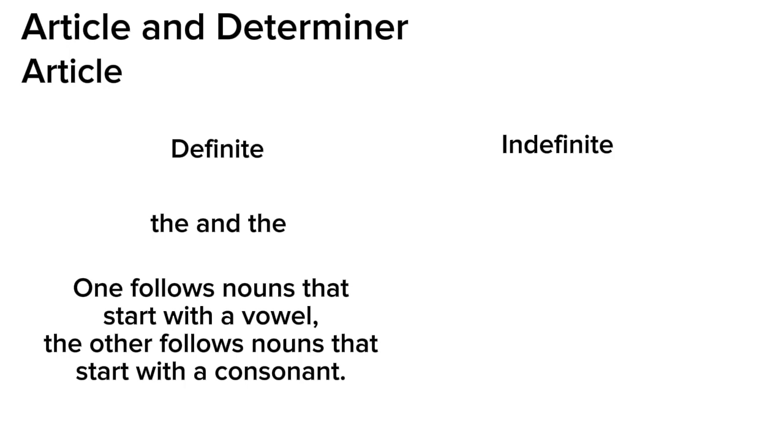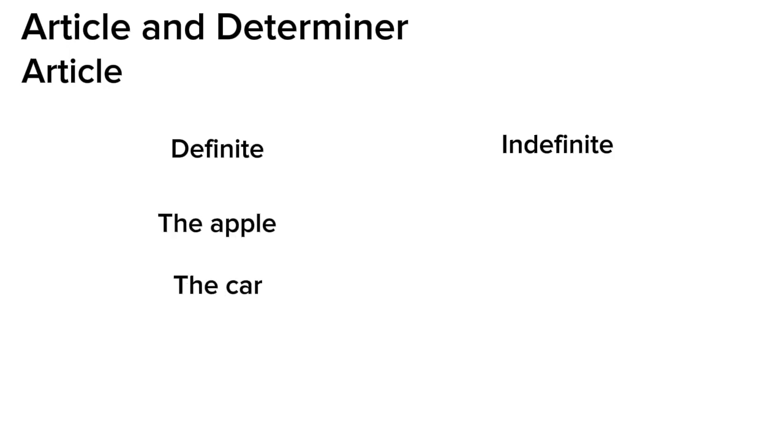One follows nouns that start with a vowel, the other follows nouns that start with a consonant. So the difference is the apple and the car. Examples of indefinites are a and an.